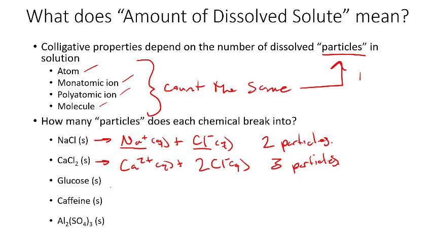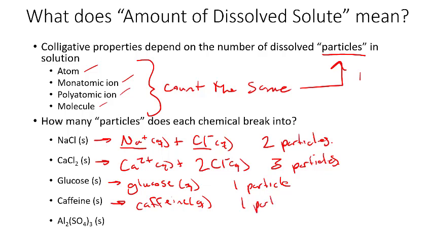Glucose is not a salt, so it simply goes from glucose solid to glucose aqueous. So there's only 1 particle. Caffeine, same thing, it's just a molecule. So we go from caffeine solid to caffeine aqueous. 1 particle.